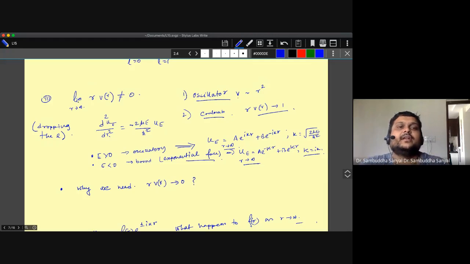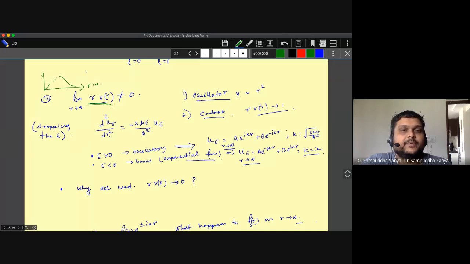We already talked about what happens when this quantity rV(r) tends to 0 in the r going to infinity limit. We saw that that kind of problem will admit two kinds of solutions. One is for a bound state, which will of course exponentially decay at r going to infinity, and it must go to 0 at the origin, while something else can happen in between.